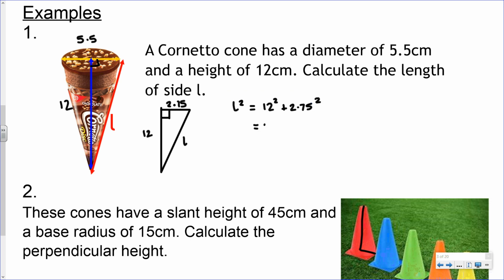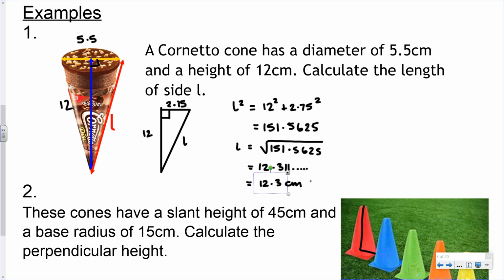This gives us 151.5625. The length then is the square root of that measurement, which gives us 12.311, and it goes on. So let's round that answer to 12.3 centimetres, one decimal place.